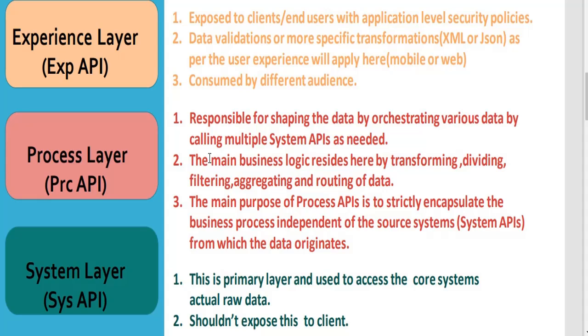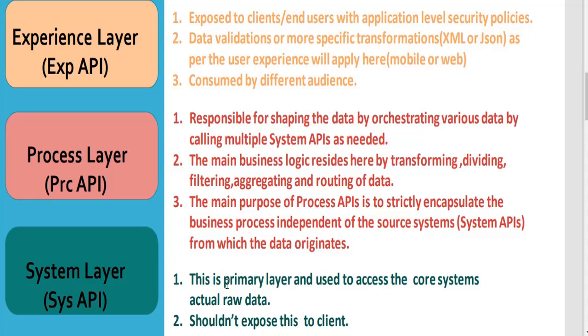For example, we have a Salesforce system API and a database system API, but we need to fetch some data from the database and some data from Salesforce, and we need to do some transformations. We will provide the transformed output JSON to your end user.